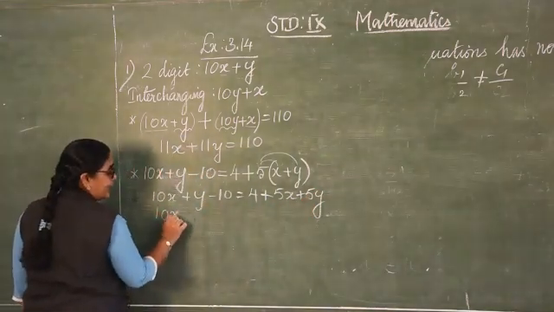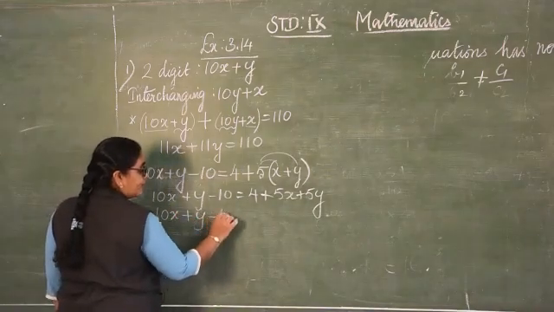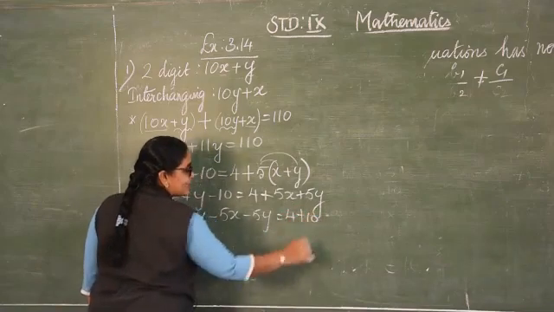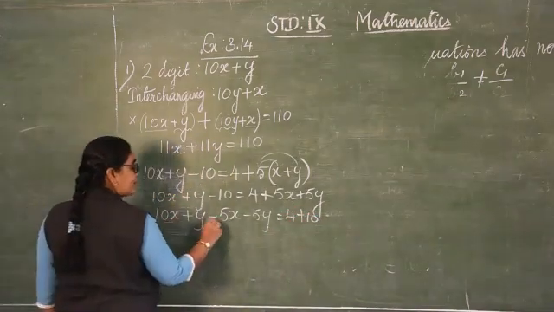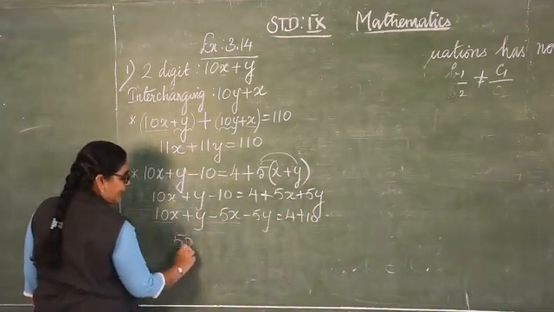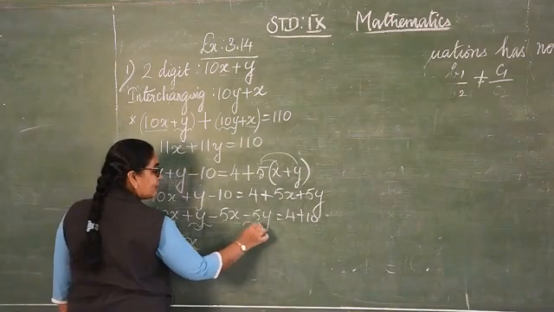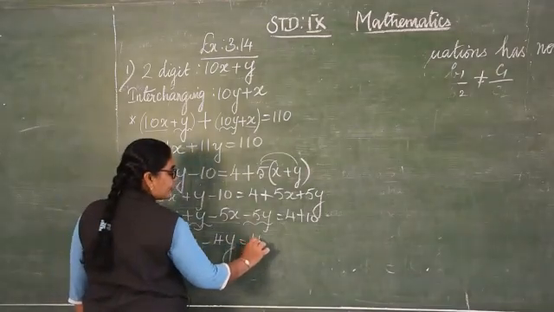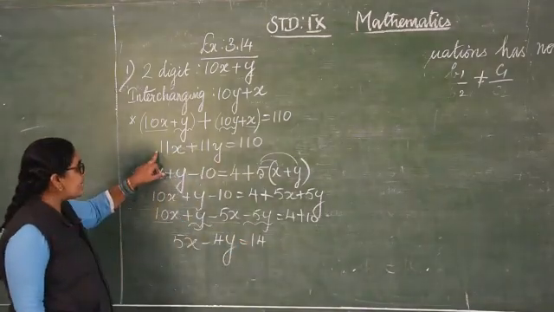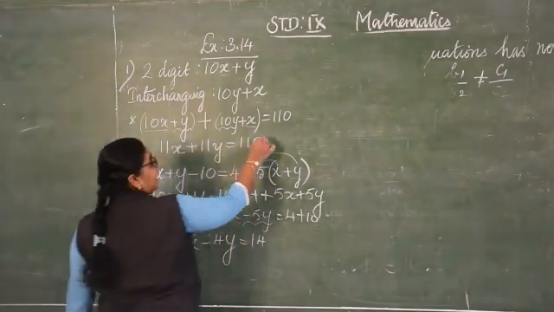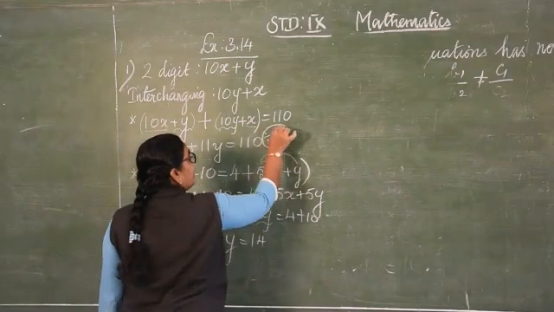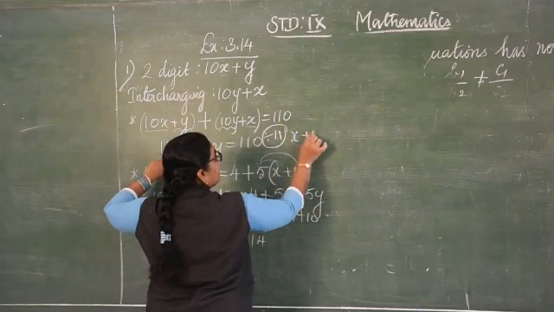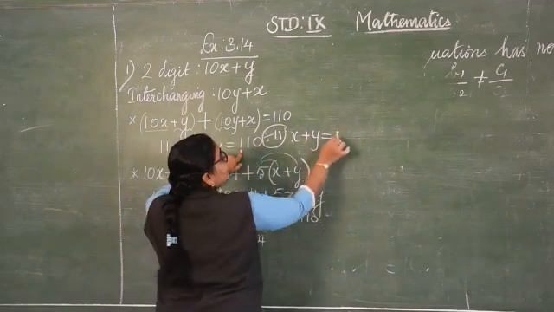What will happen? 10x plus y minus 5x minus 5y is equal to 4 plus 10. 10x minus 5x will become 5x. y minus 5y becomes minus 4y is equal to 14. So the first equation you can divide by 11. What will you get now? x plus y is equal to 10.